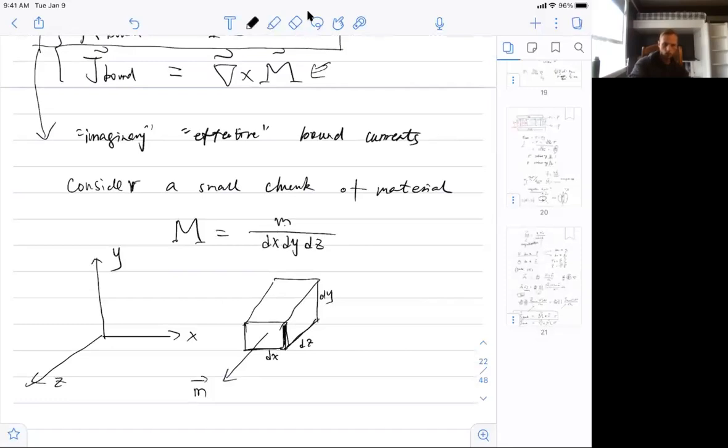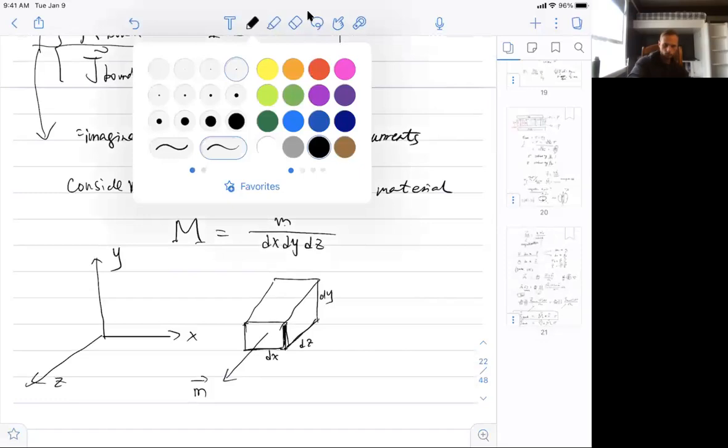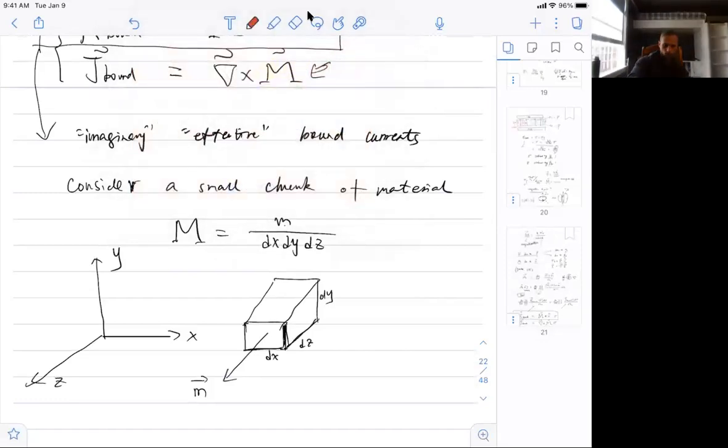You can see there is magnetization, which means there are some bound currents going through it. So let me draw these little currents. Following the right-hand rule, your M is pointing in the z direction, so your four fingers wrap around. Each little chunk is being magnetized, so you can view this as if the M arises from currents running around like this.